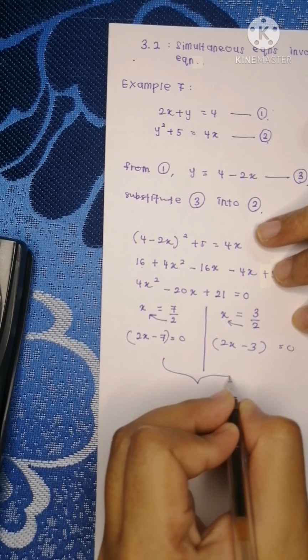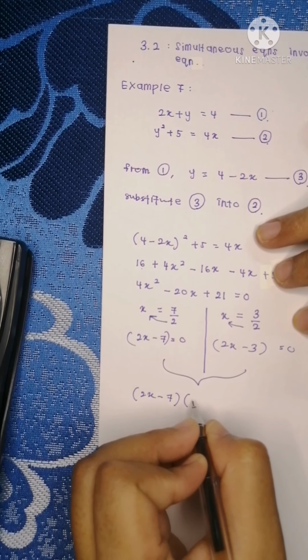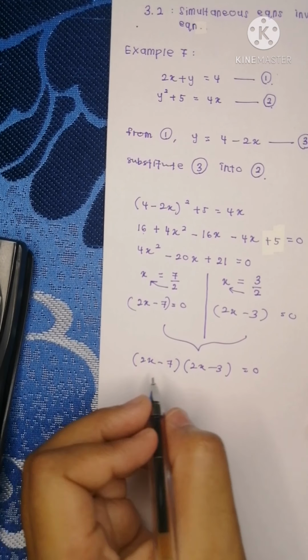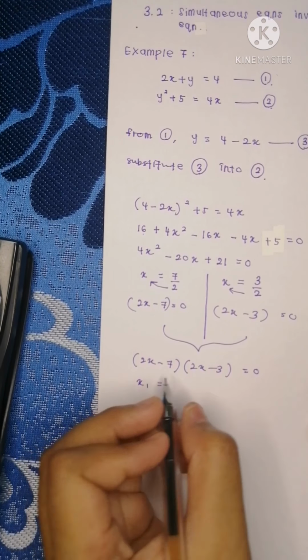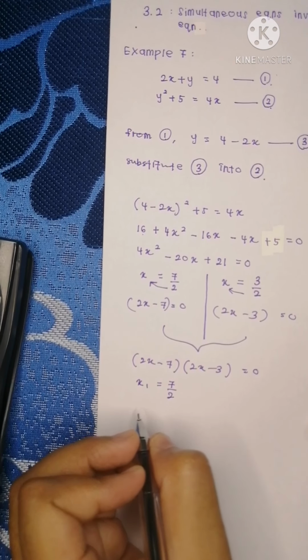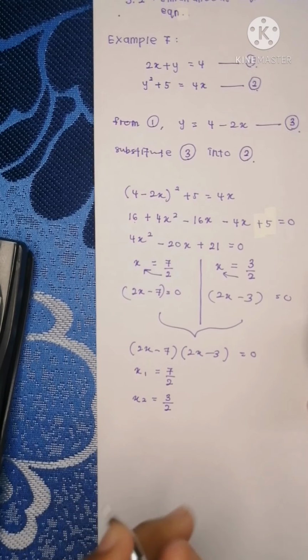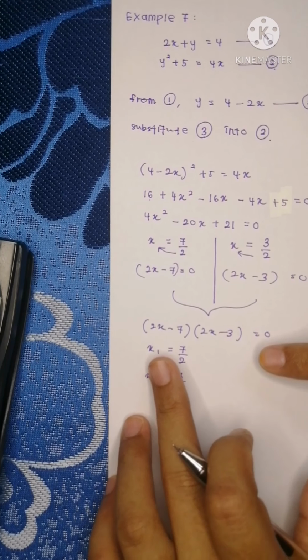So from here, we know 2x minus 7, 2x minus 3 equal to 0. Okay, and then we got x1 is equal to 7/2, and then x2 equal to 3/2, like this. Okay, and then done for the unknown x.